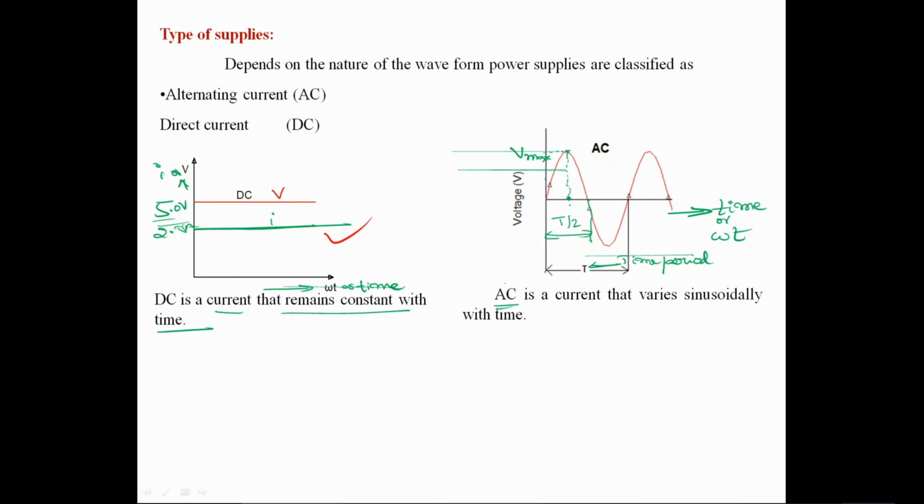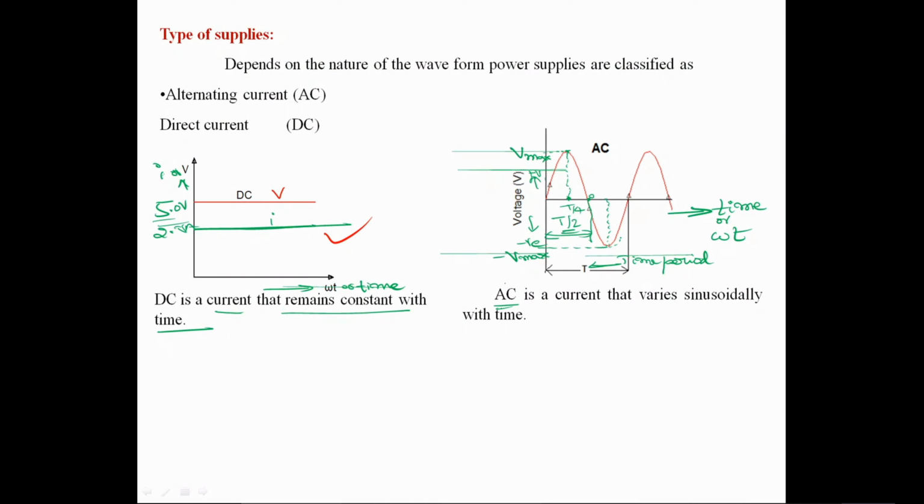Maximum amplitude at a particular time. Maybe T by 4 అవ్వచ్చు, ఇందులో సగం అవ్వచ్చు, right? T by 4 అవ్వచ్చు. And after that it starts decreasing and it tends to 0 here at T by 2. T by 2 time దగ్గర రాగానే 0 అయిపోతుంది. Then the current or voltage will reverse. ఇది నెగటివ్, ఇదంతా కూడా పాజిటివ్ పోర్షన్. This is positive and this is negative voltage, and it attains a negative maximum, minus V max, at this time period, right?